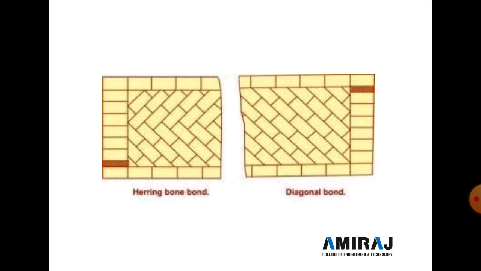From the center part of the wall, the bricks at the bottom are laid in one direction at 45 degrees, and above the center part the bricks are put at 45 degrees in the opposite direction. So herringbone is different from the diagonal bond, and in a diagonal bond all the bricks are laid at 45 degrees in the same direction. These are the main differences between the herringbone bond and the diagonal bond.